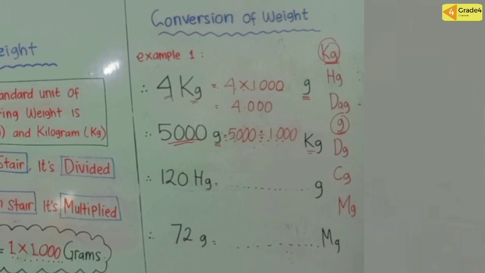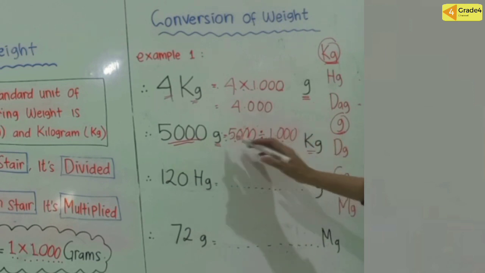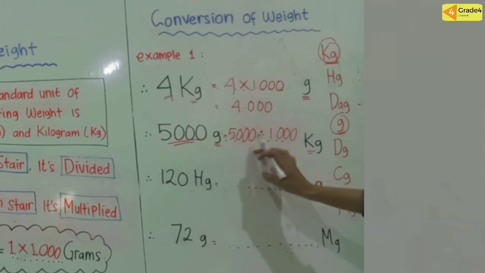So 5000 and 1000 both have zeros, and we can cross them out because it's divided. We cross out the zeros from the right. 1000 has 3 zeros, and 5000 also has 3 zeros.